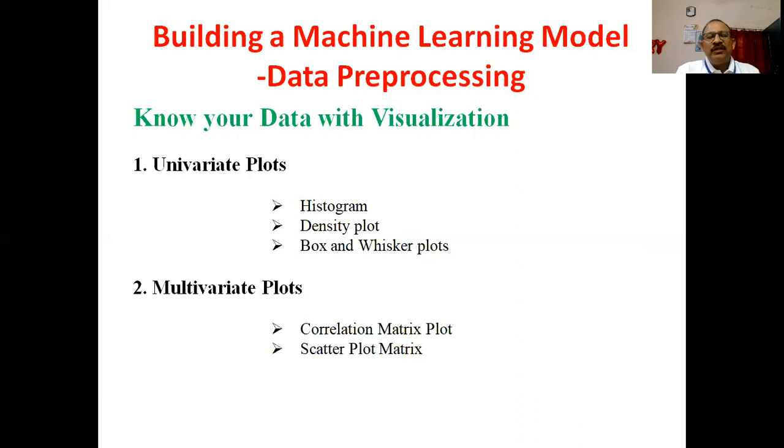And in multivariate plotting, we visualize our data using two plotting functions. First is the correlation matrix plot and second is the scatter plot matrix. Now let us see how we will visualize our data set using the Python language.